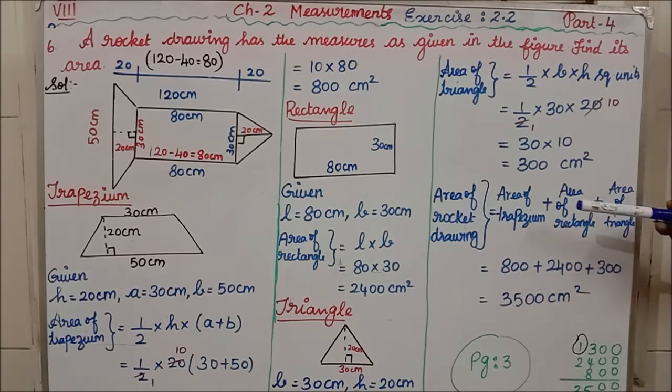So 800 plus 2400 plus 300. I have done the calculation here. If I add, I am getting 3500 centimeter square, which is the total area of the rocket. Clear students, all of you, how we are solving the sixth problem?